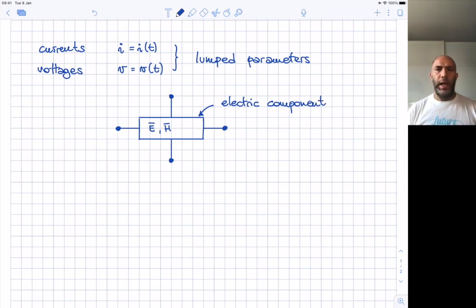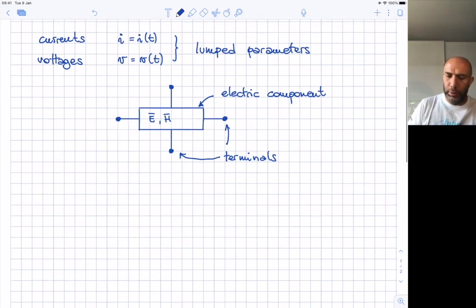The fields are developing only inside the boundary of the electric component, and the electric component can talk with the rest of the world through the terminals. In this specific course, we will study only two terminal components.